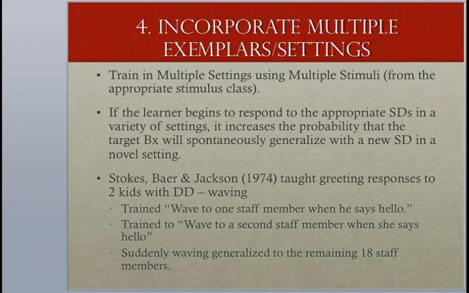Back in 1974, Stokes, Baer, and Jackson taught greeting responses, which included waving, to 2 kids with developmental disabilities. They were trained to wave to one staff member when he says hello. So it was like, wave to John when he says hello, and they learned to wave to him, and then he would wave back. And then they picked up a second person.